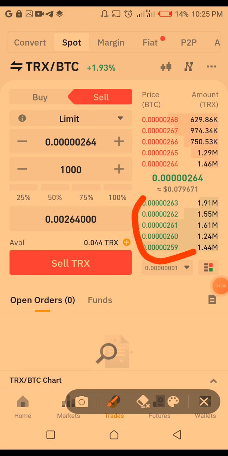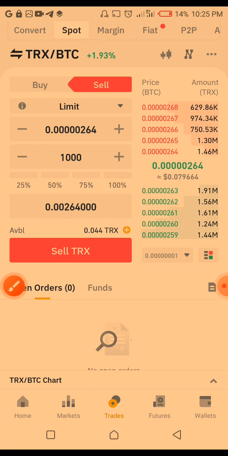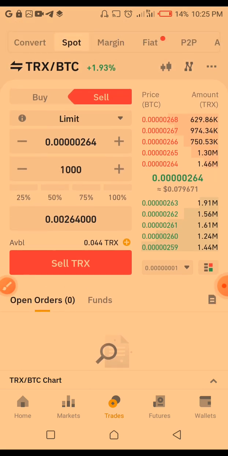All this I'm showing you now will help you to execute the order fast, because if you just type in anything, the order might stay pending for a very long time and not execute. So it's better you choose something under this green button, since you are selling to buyers. Remember, I said green people are buyers. Because you want to sell now, you are selling to green people, which are buyers.